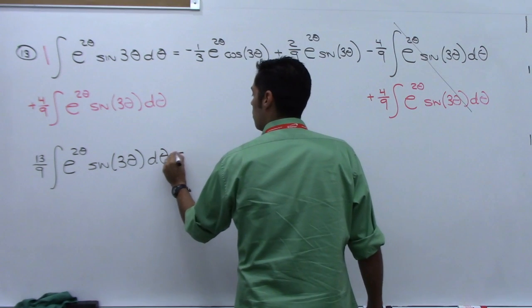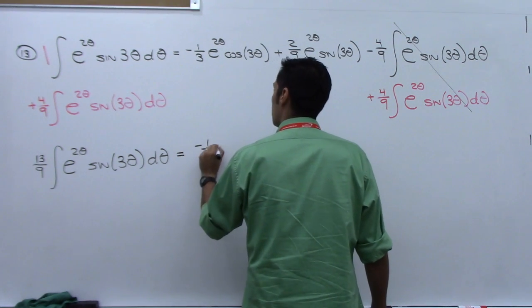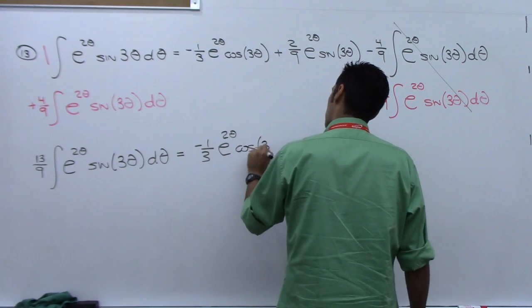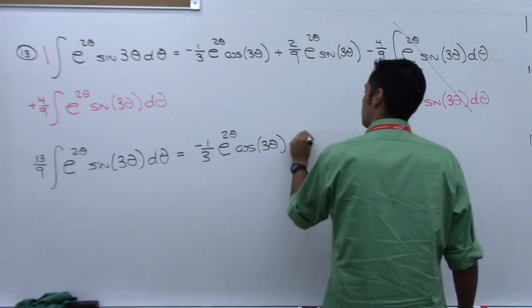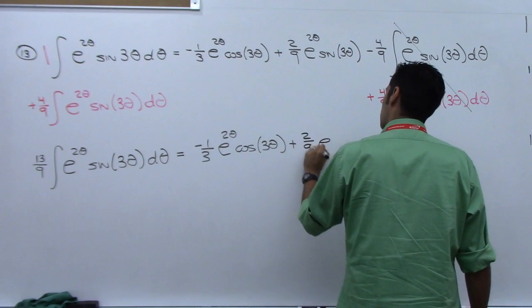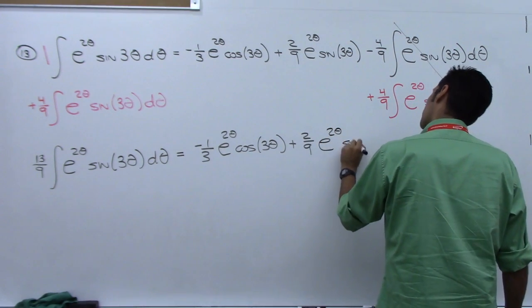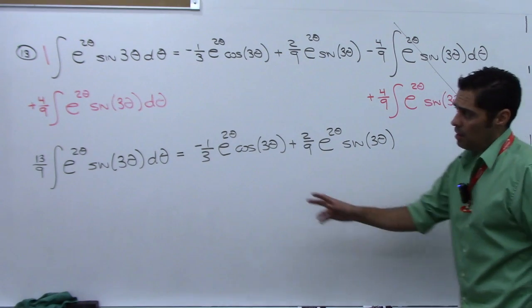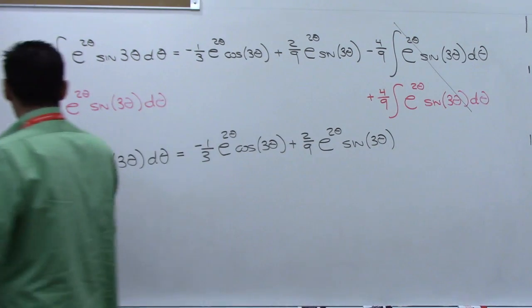Okay, equals -1/3 e to the 2 theta cosine 3 theta plus 2/9 e to the 2 theta sine 3 theta. And I'm going to try and get this integral by itself with a 1 in front of it.